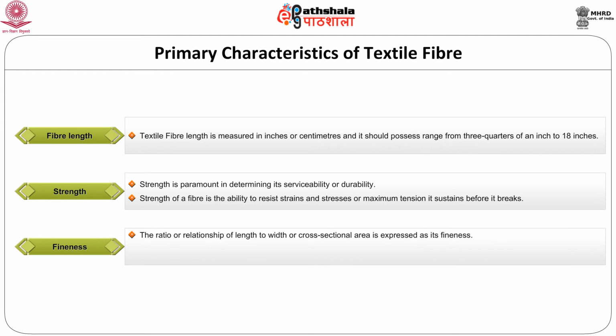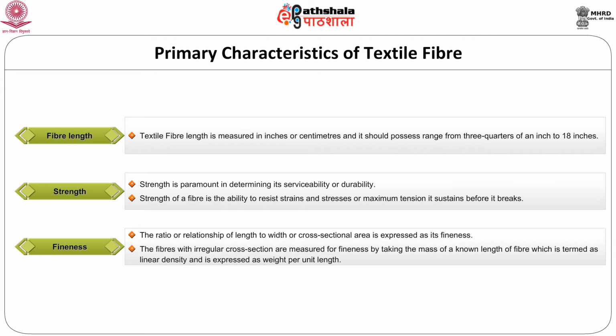Fineness. In a fiber, the ratio or relationship of fiber length to width or cross-sectional area is expressed as its fineness. The fineness is sometimes defined in terms of its diameter, which is suitable for circular cross-section fibers.